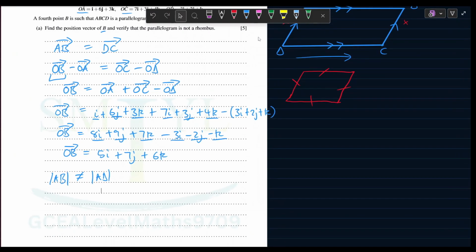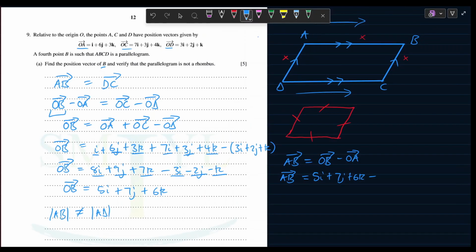So to be able to do that, we first need to find the actual vectors of AB and AD. So AB, like we mentioned earlier, is OB minus OA. So AB is equal to, our OB is 5I plus 7J plus 6K minus our OA. Our OA is negative I minus 6J minus 3K.